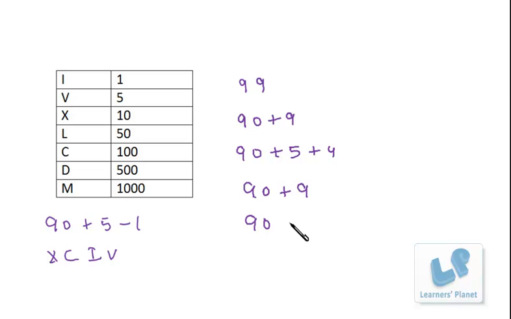That is 90 plus 10 minus 1. And what is 90? It's XC. What is 10? It's X. And if I have to deduct 1 from 10, I will write I on the left side of X. So it's XCIX, that is 99. And what is 100? It's C.